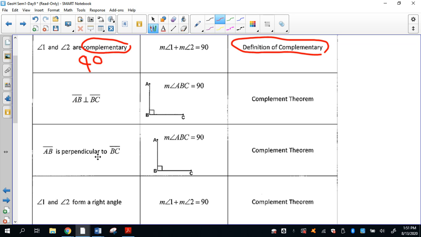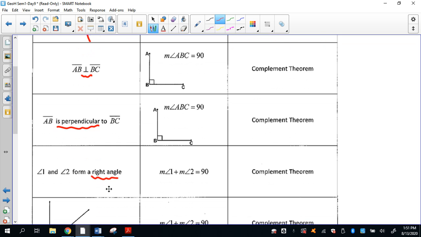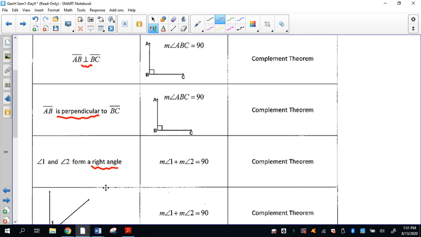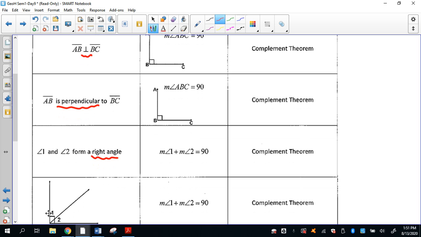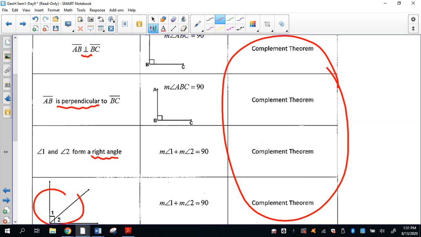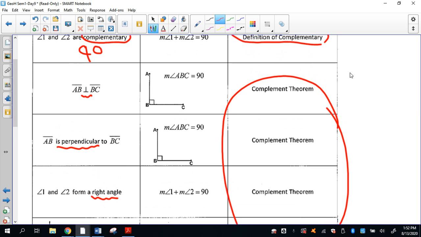If they give you anything else, like perpendicular or the symbol for perpendicular, or a right angle or the picture of a right angle, then just use the complement theorem. So again, for the next four, these are all examples where they are going to add to 90 degrees by the complement theorem. You only use the definition of complementary if they give you the word complementary.